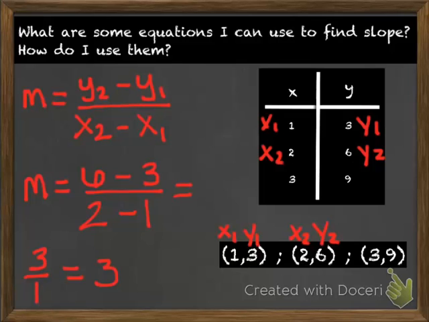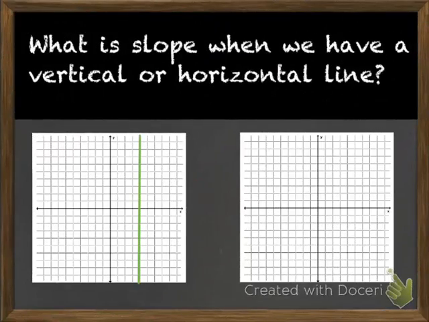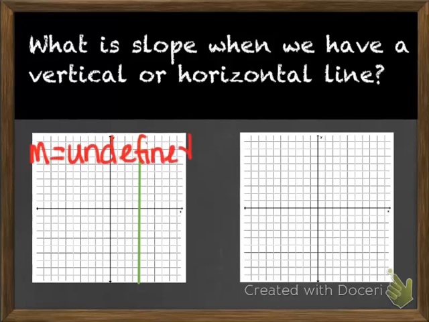The last one I want to look at is the slope of a vertical or a horizontal line. If you have a vertical line, your slope will be undefined. This could also mean that the equation looks like x equals a number. In this case, we're going to find the point where it crosses the x, which is x equals 4.